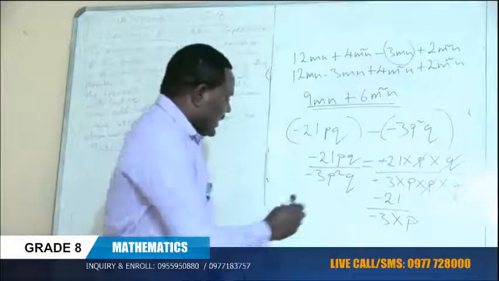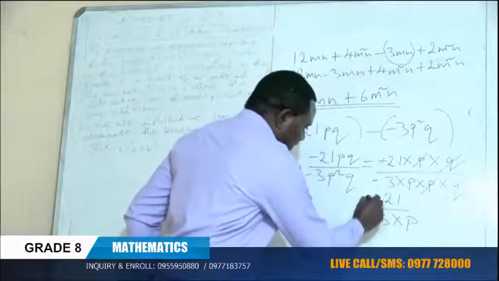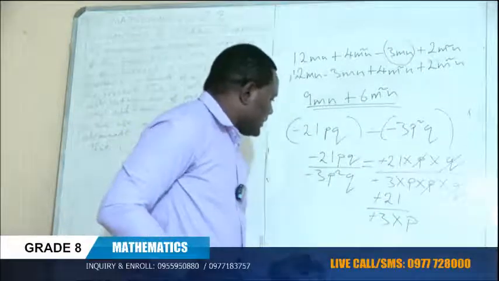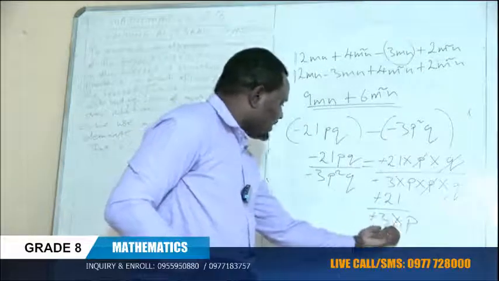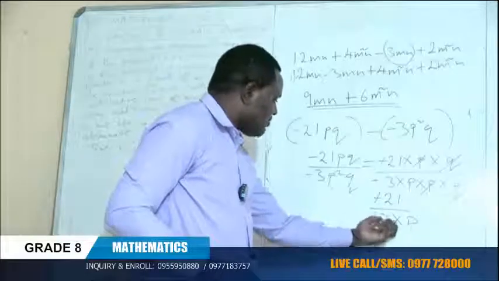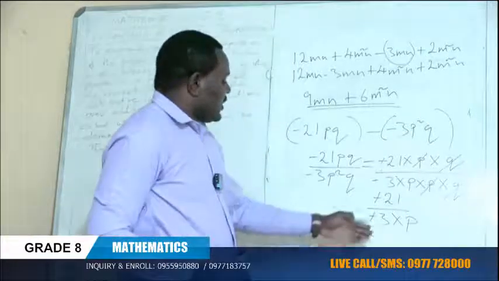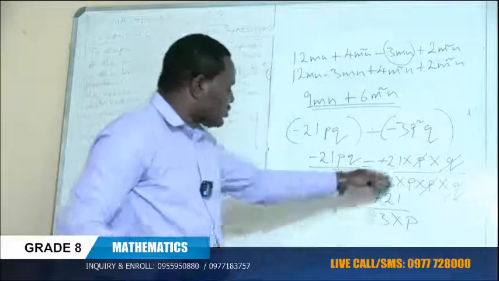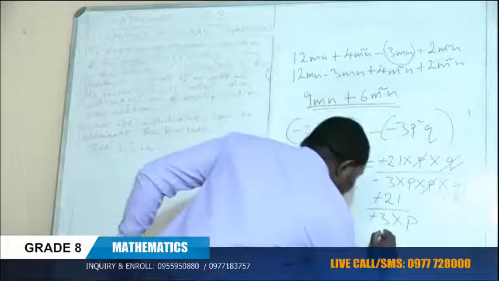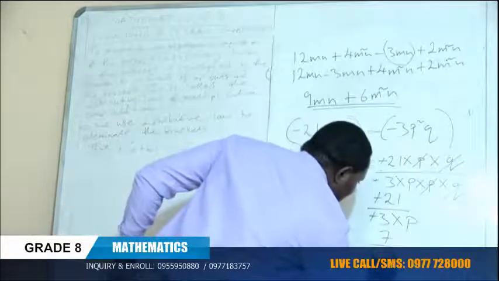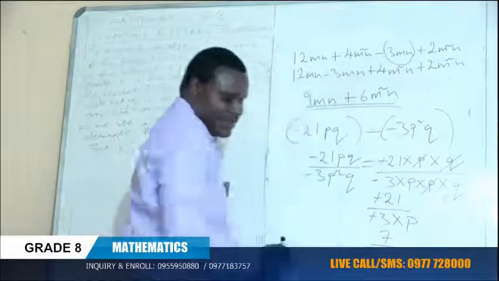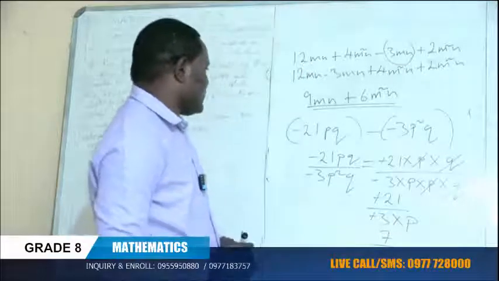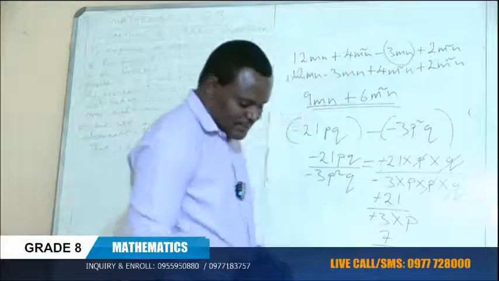Let's cancel the negative here, we cancel the negative here. Now, what has remained is 21, and in the denominator, 3 multiplied by p. So, we know that 3 can go into 21, and 3 into 21 is 7. So our final answer will be 7 over p. This is the expected answer.